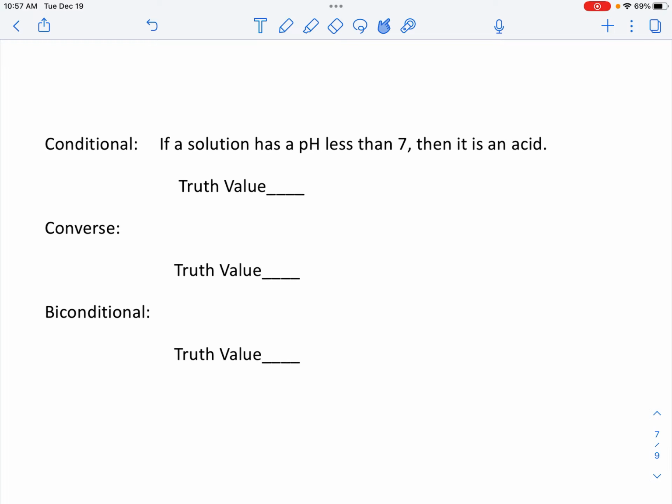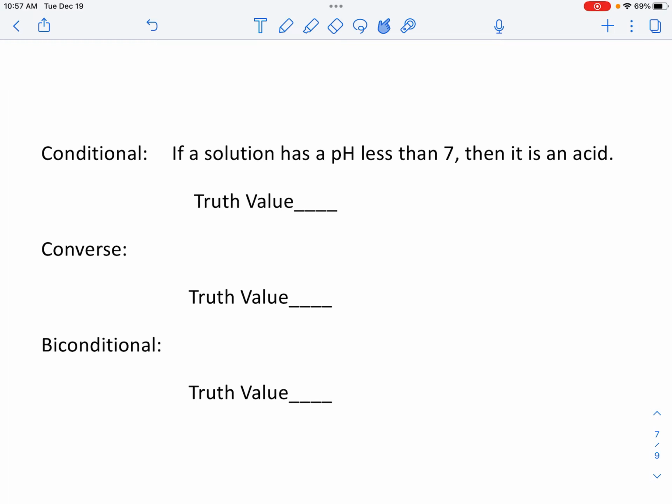Okay, so this one, they give you the conditional. You need to write the converse, and then if both are true, you can do a biconditional. Okay, so if a solution has a pH less than 7, then it is an acid. That is true.